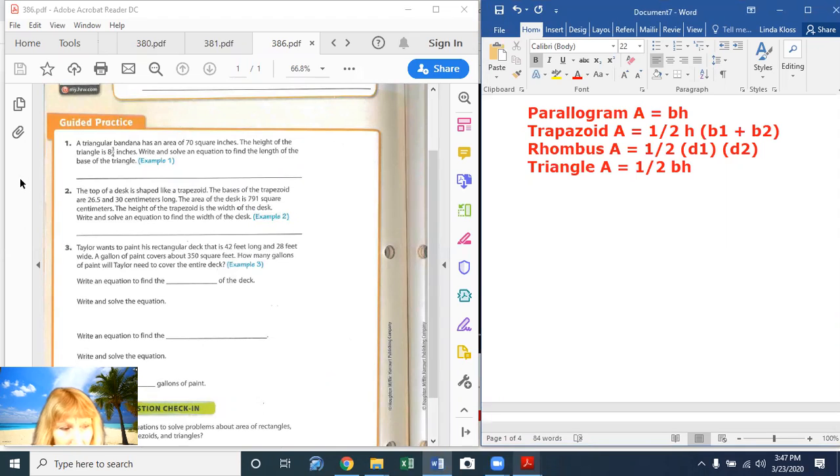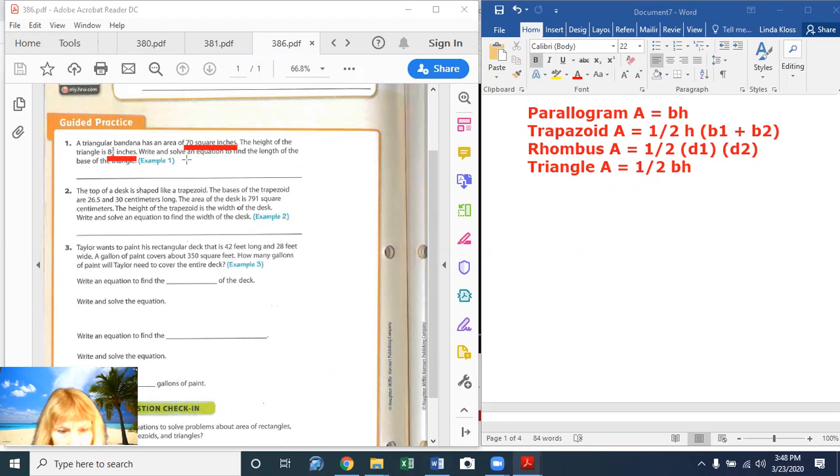So let's take a look here at our number 1 question. A triangular band has an area of 70 square inches. So I'm going to try to draw that right there. The height of the triangle is 8 3/4 inches.